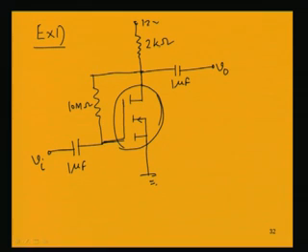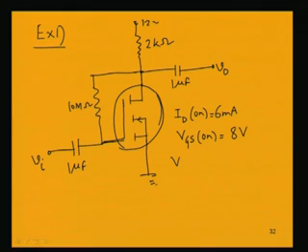Now, for this circuit, it is given that ID on equal to 6 milliampere and VGS on equal to 8 volt. Also given that VGS threshold equal to 3 volt.